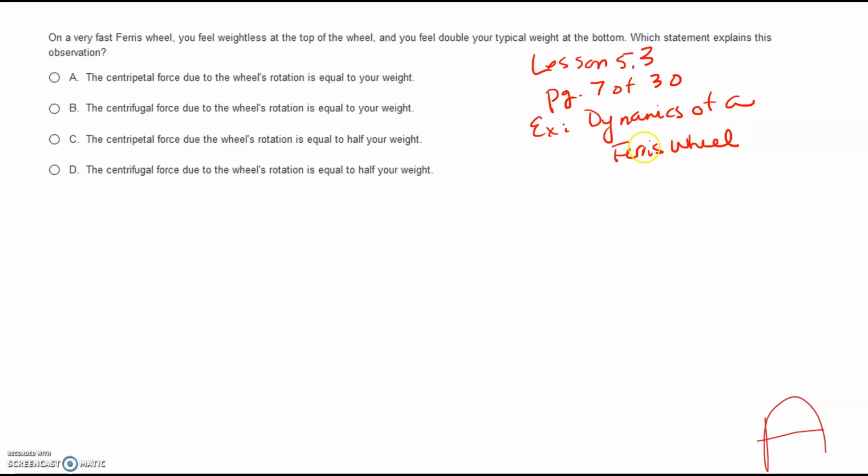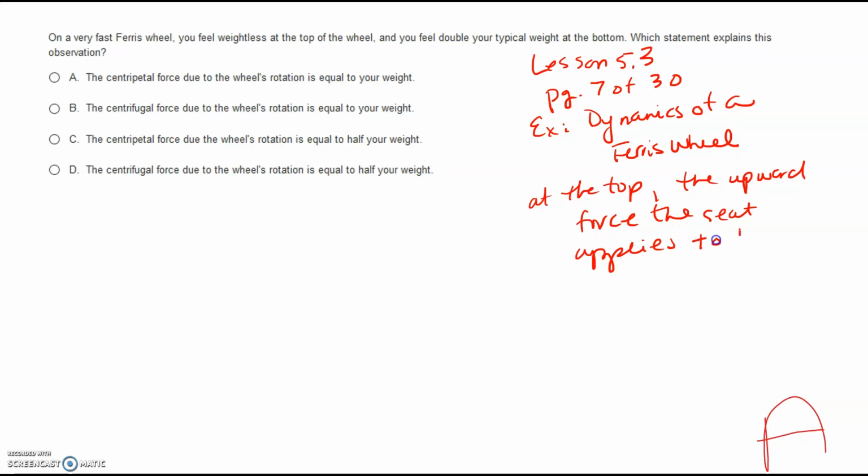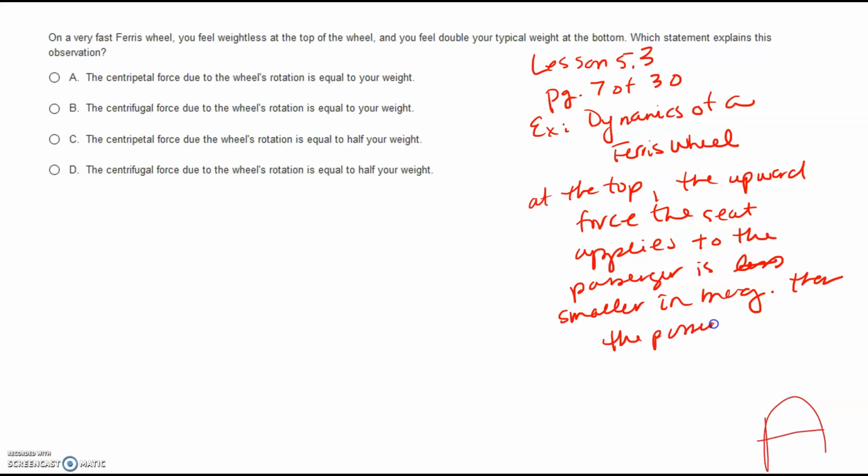It talks about at the top the upward force the seat applies to the passenger is less or smaller in magnitude than the passenger's weight. And that is, that's this one.